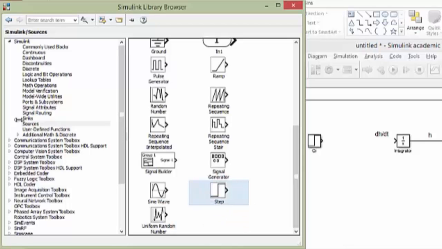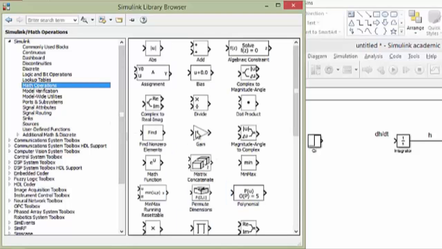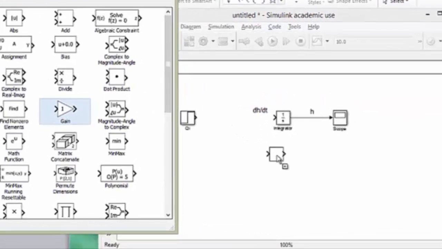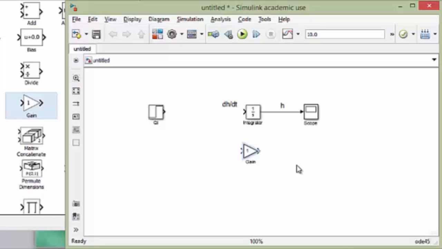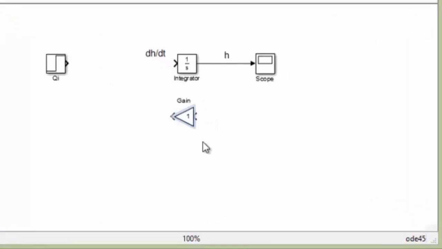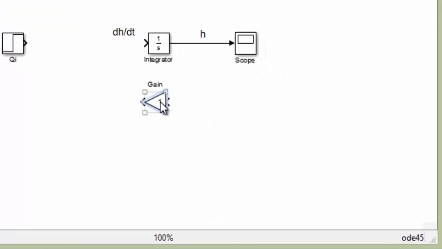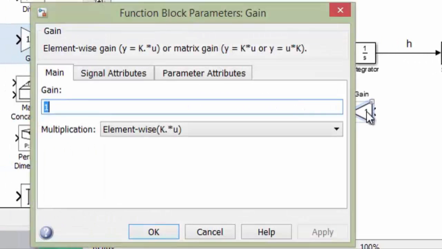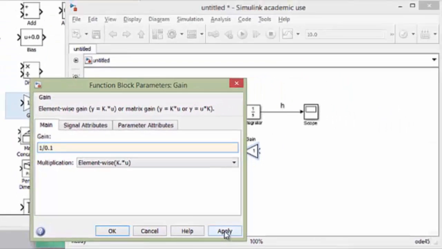Going on to the model building, for getting this h by 0.1, selecting the gain block and rotating the block, and then we'll modify the block parameter, and the gain here is 1 by 0.1 because I need h by 0.1.